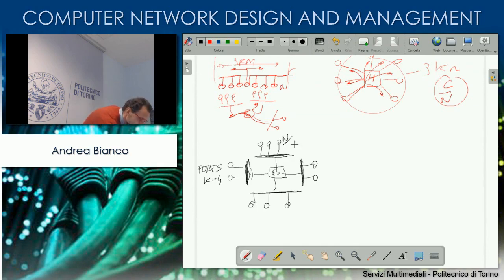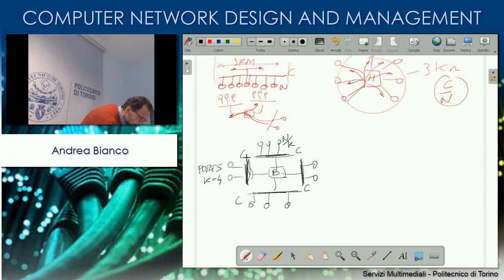And each link here has capacity C. Clear? Now, you see that we have now 4 links. So we expect to increase potentially the capacity of the network from C to 4C, or if you prefer, K times C. K being the number of ports, which imply also the number of links.